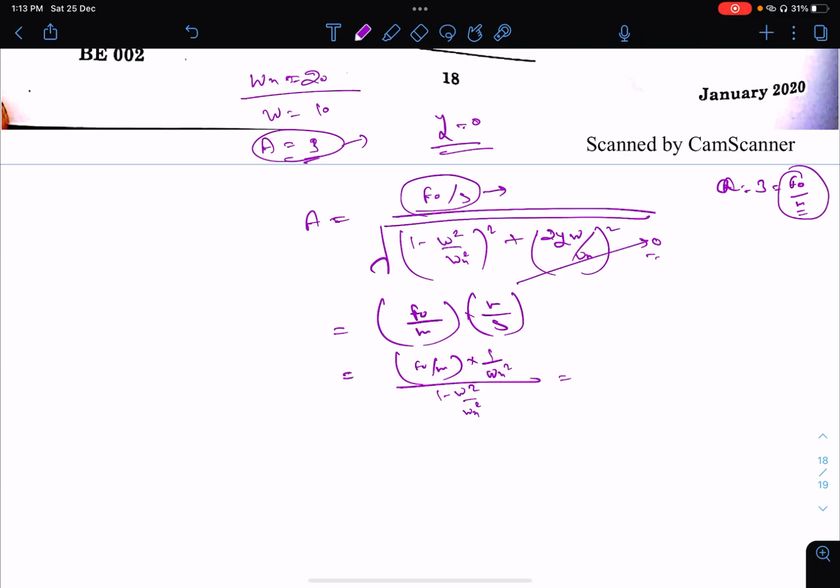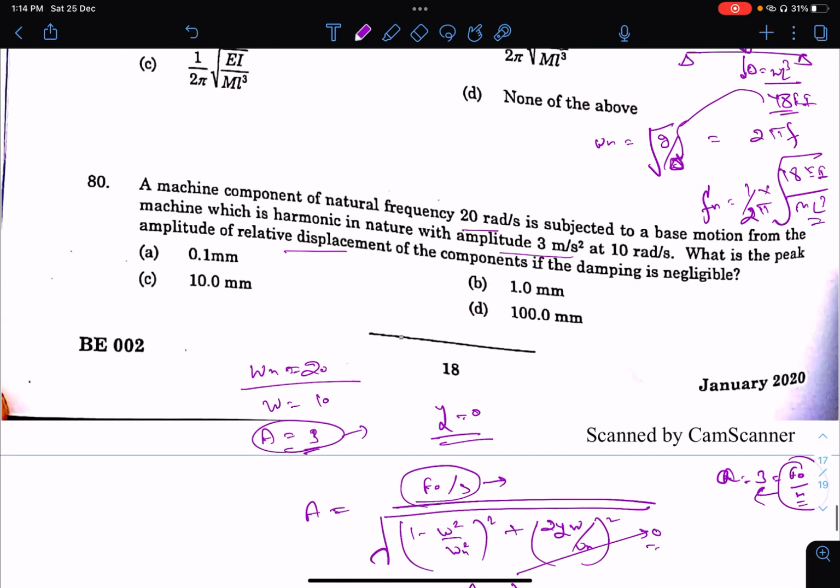So A max, that is given F naught by m is 3, divided by omega n, which is 20 whole square, upon 1 minus 10 whole square by 20 whole square. So this will become 3 by 400 upon 3 by 4. So that will come out to be 0.01 meter or 10 mm. So the correct answer is C.